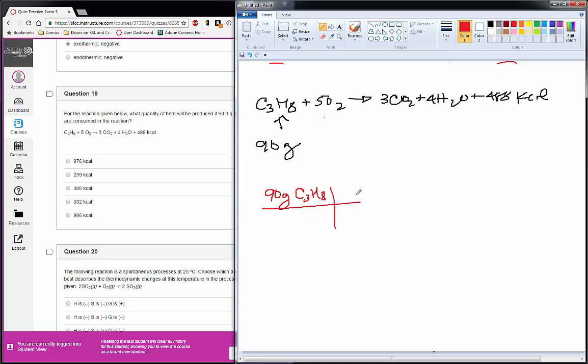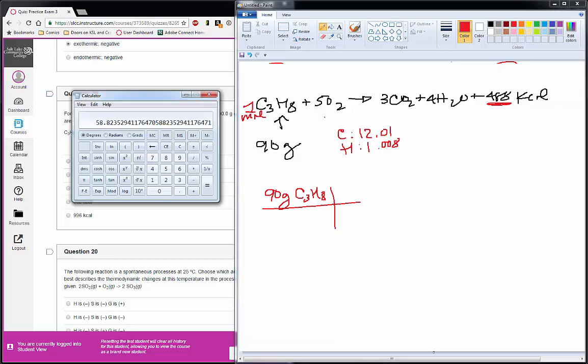We need the molar mass, because this is for 1 mole. Makes 488 kcals. So carbon was 12.01, hydrogen 1.008. Again, you don't have to memorize these. I just happen to have them off the top of my head, so I could do that. Get a total molar mass of 44.094 grams per mole.